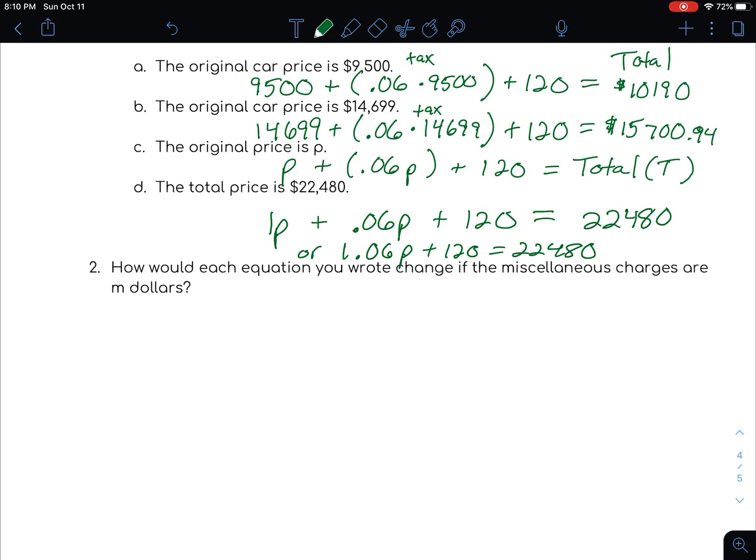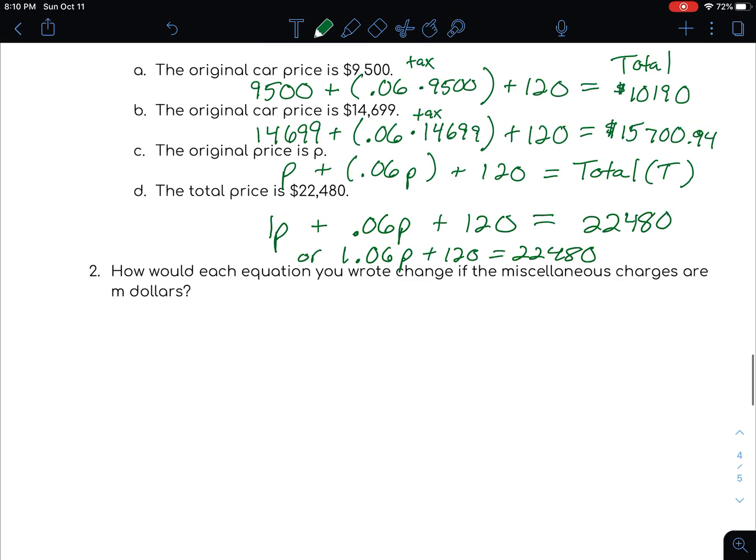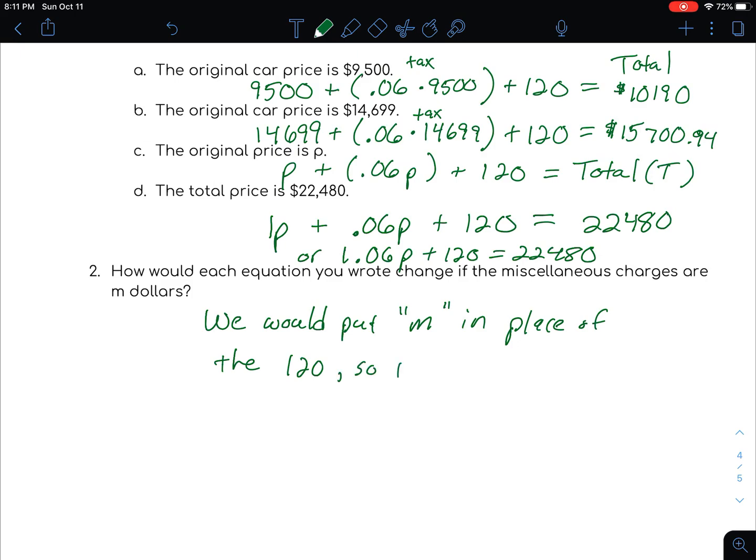So number 2 asks, how would each equation you wrote change if the miscellaneous charges were $m? So if the miscellaneous charges were $m, we'd have to add in a variable, wouldn't we? So in that case, we would put m in place of the $120.